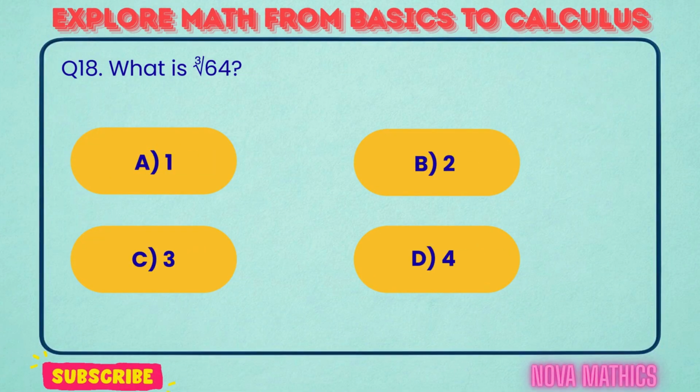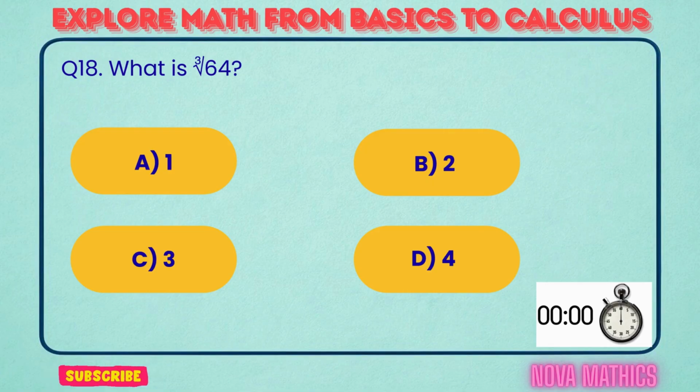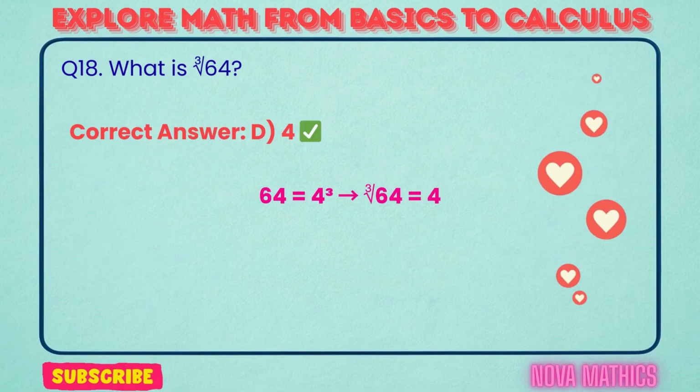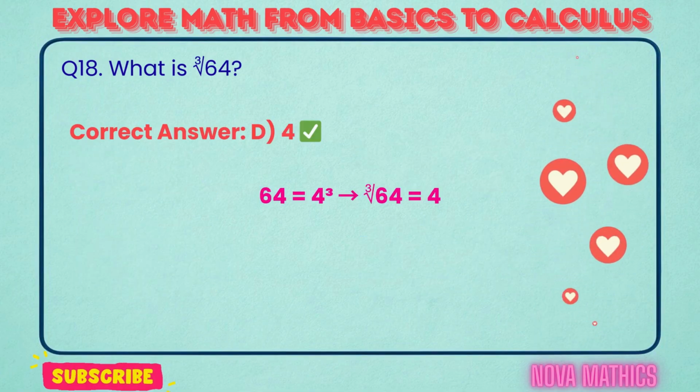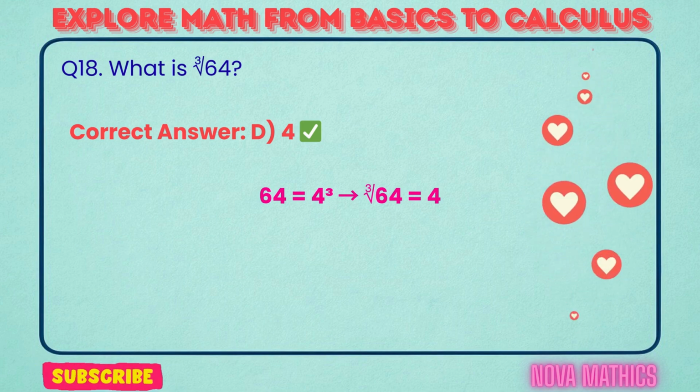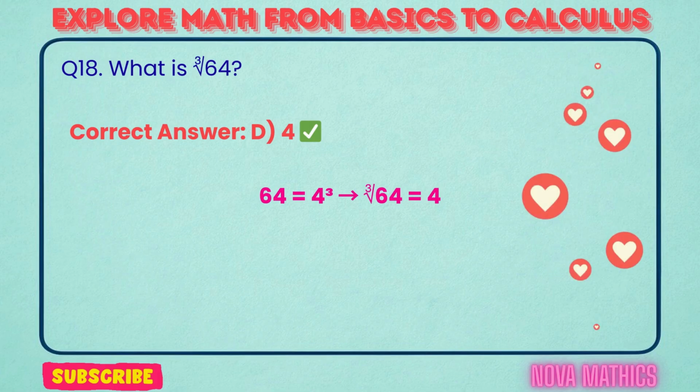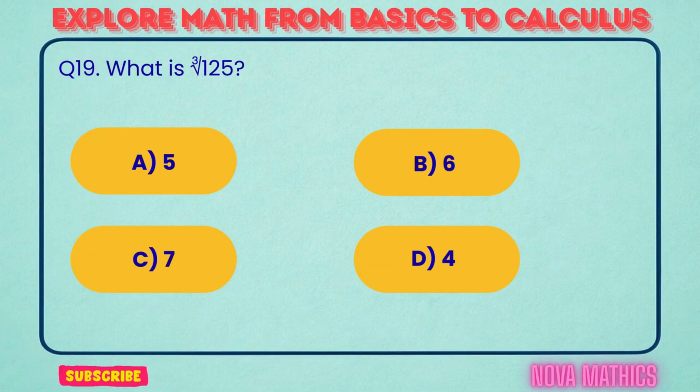18. What is the cube root of 64? Correct answer is 4. 4 cubed is 64, so the cube root is 4. 19.